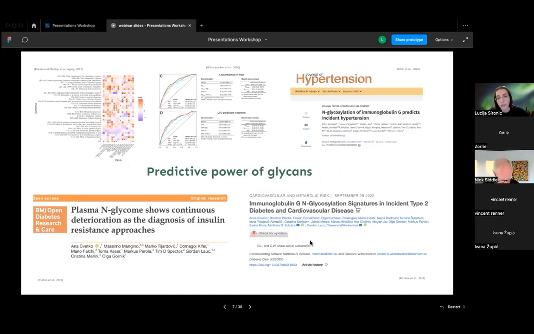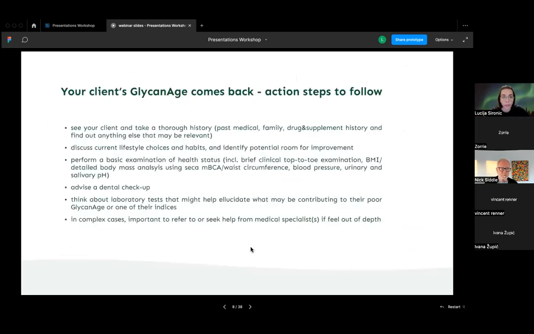We've also seen that glycans change years before incidental hypertension develops. And we also see they may be used as predictive tools in prediction of type 2 diabetes and pre-diabetes as well. So all of these things are the things that we need to think about when somebody's GlycanAge is not as good. Okay, so what actually is it that we should do?